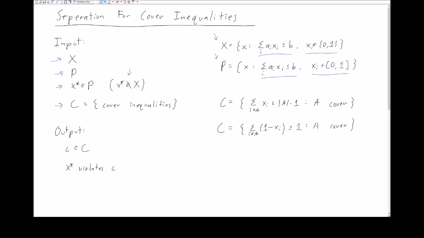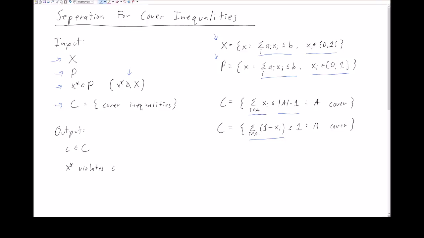That is, we have the sum of the xi's inside of A is less than or equal to the size of A minus 1 for some cover A. Note that we can rewrite these cover inequalities as the sum over all the indices in our cover of 1 minus xi. This rewriting is going to be useful when we talk about the separation problem.